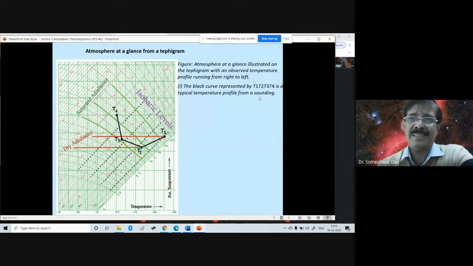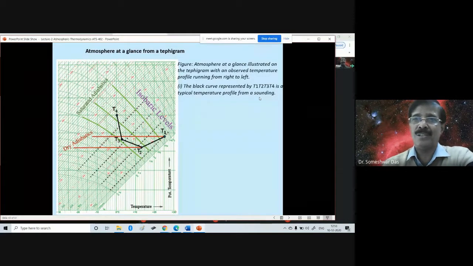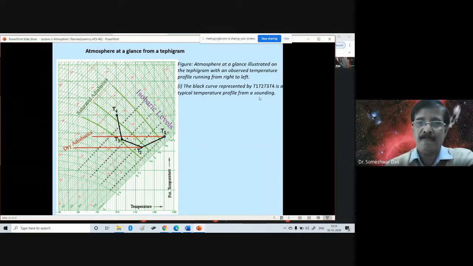So sounders look at the atmosphere from the top, whereas the radiosonde measures the profile from the bottom upwards, because you are launching the radiosonde balloon from a ground station. As the balloon rises, it starts measuring the profiles of the atmosphere from bottom to top.